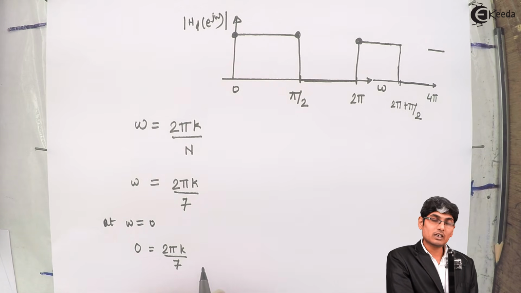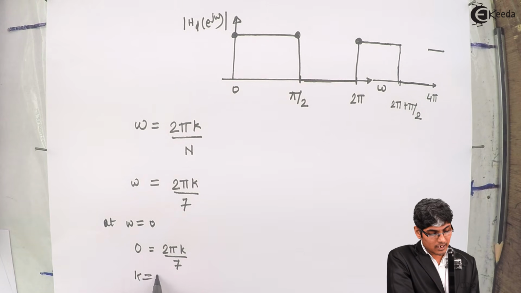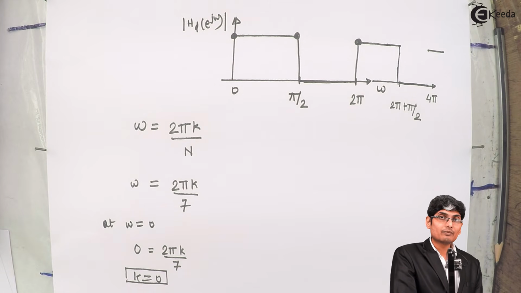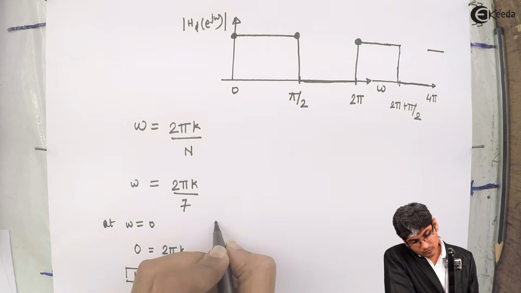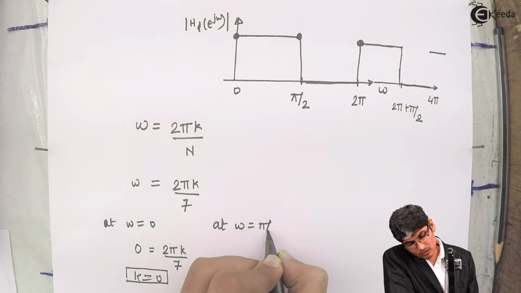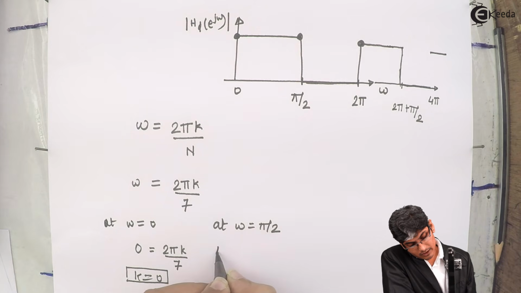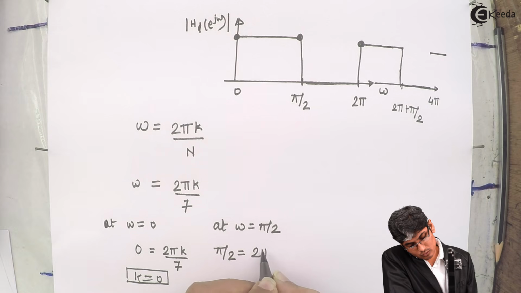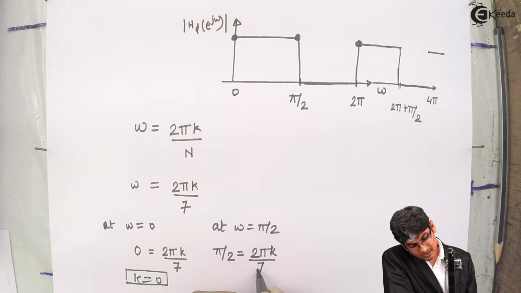So multiply over here, it will be 0, divide any number is 0. So here I am going to get k equal to 0. So at omega equals 0, k is also equal to 0. At omega equals pi by 2, I will replace in this formula: pi by 2 equals 2 pi k by 7.